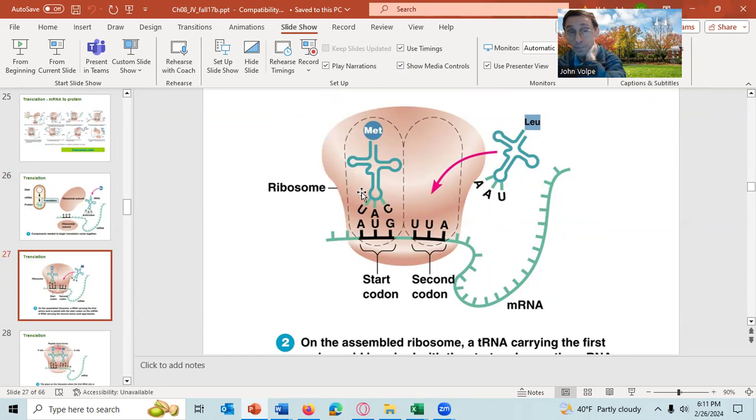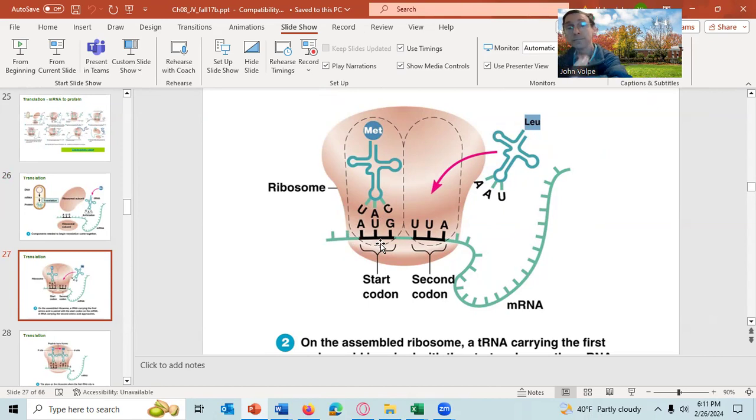And the first site will be where the first tRNA will come and bind to the codon, which will always be the start codon, because that's where the messenger RNA will start protein translation.